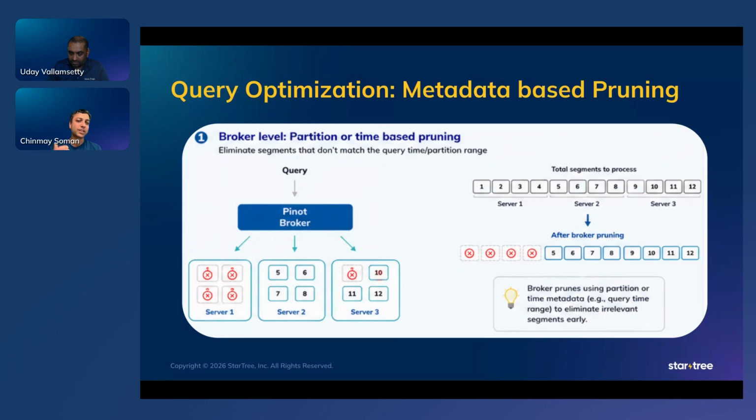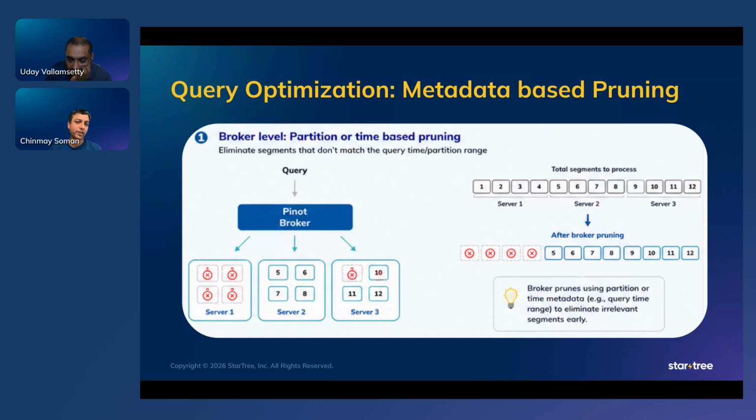So when a query comes in, Pinot Broker is a component that does a distributed scatter gather across the Pinot servers. At a broker level, without even talking to the servers, it leverages the metadata to prune a lot of the segments at this stage.